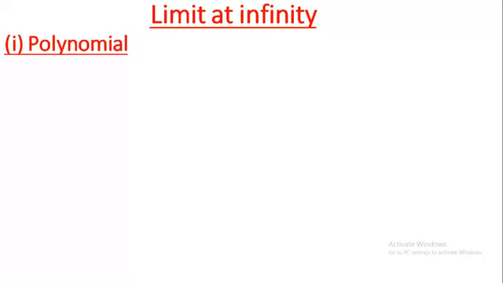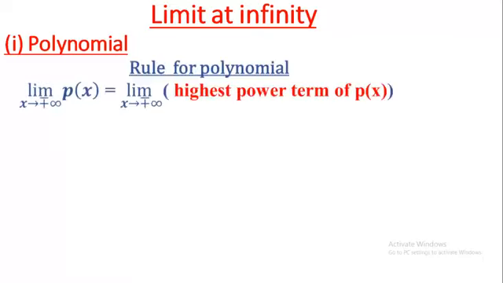First, if I have a polynomial function, the golden rule is that calculating the limit as x tends to plus or minus infinity of a polynomial function is the same as calculating the limit as x tends to plus or minus infinity of the highest power term of this polynomial. Let's take an example.